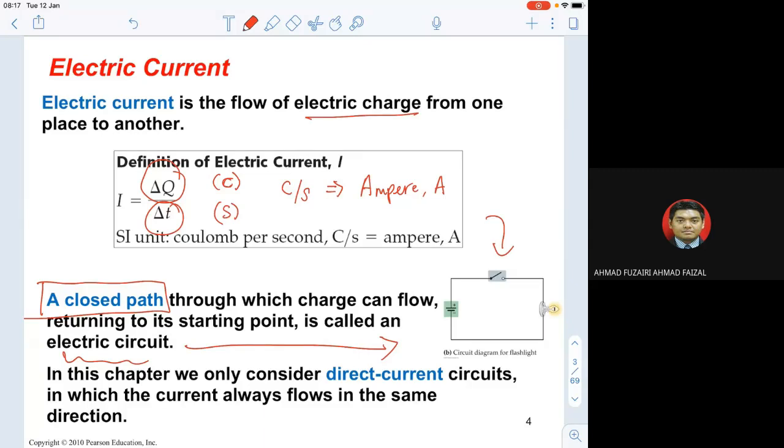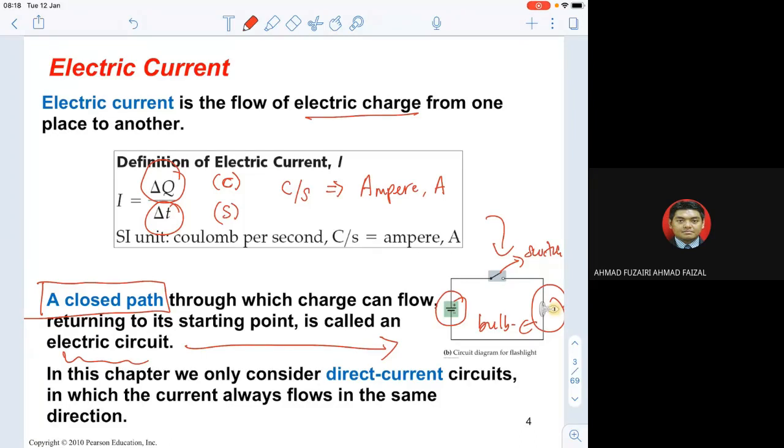From here we can see the battery, which has a positive plate and a negative plate, or in your terms, the positive terminal and the negative terminal. This is the switch, and of course, this is the bulb. A bulb is like a wire that has a resistance, and it glows when the current is present.